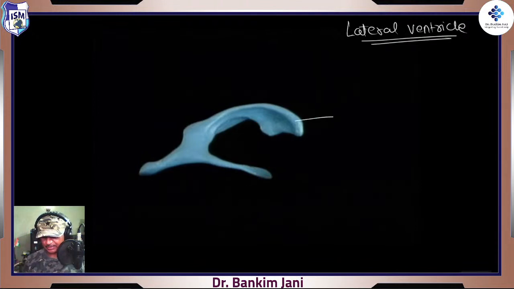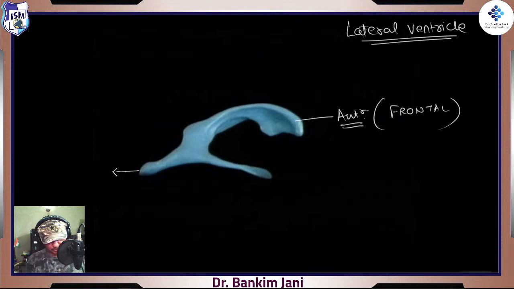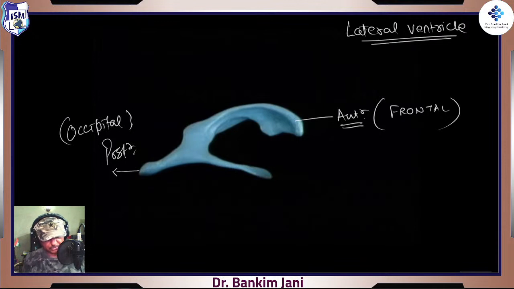So this is anterior, the anterior horn, which goes into the frontal lobe. So this horn can also be called the frontal horn, right? If this is anterior, then there has to be a posterior. So very logically, this one would be the posterior horn, and this posterior horn has to be in the occipital lobe, so we can really call it the occipital horn also, right?